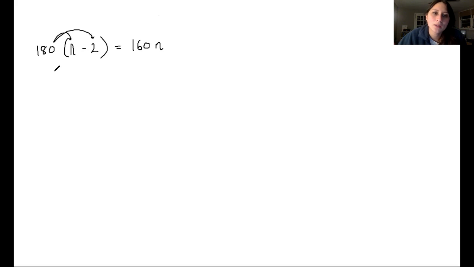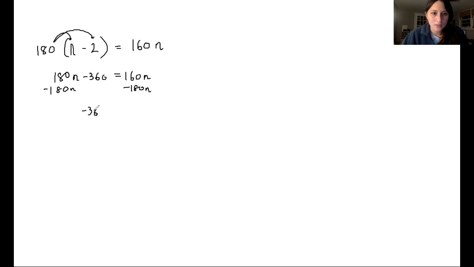So let's just backtrack to our information. We don't know how many sides this shape has, so it's going to be n minus 2 times 180, equals 160 times n. When I distribute my 180, I'm going to end up with 180n minus 360 equals 160n. So now I can work this out. Subtract 180n on both sides.